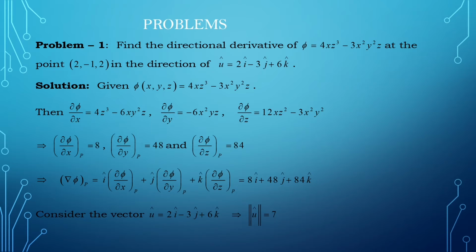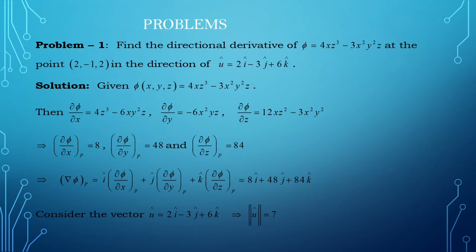Now we have to find dou phi by dou x at the given point P. To find dou phi by dou x at P, we substitute x equals 2, y equals minus 1 and z equals 2. Then we get dou phi by dou x at the given point P equals 8.